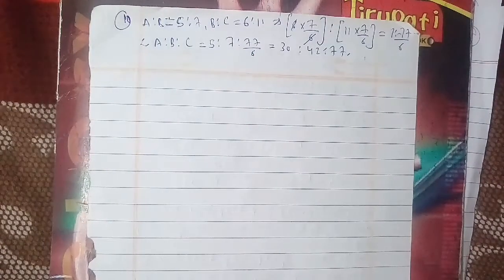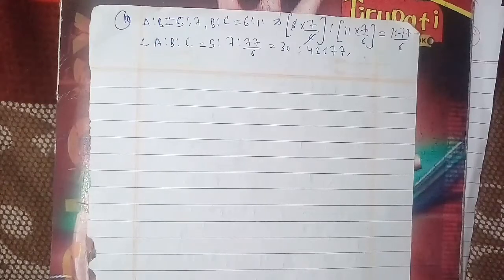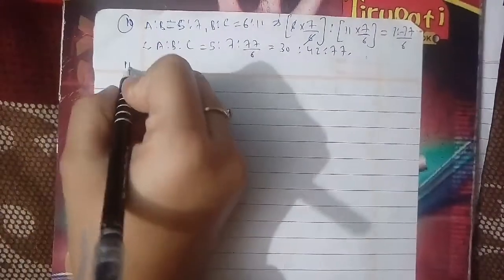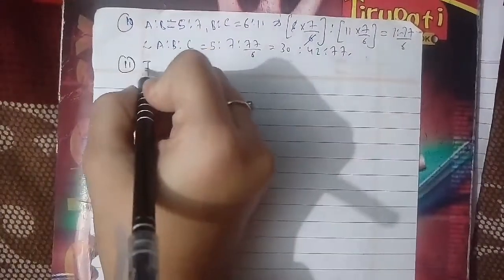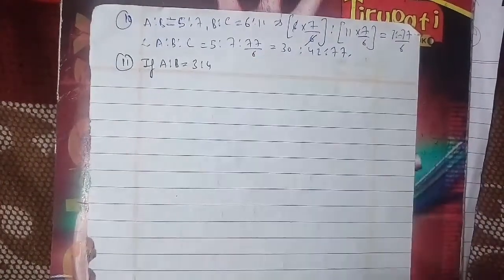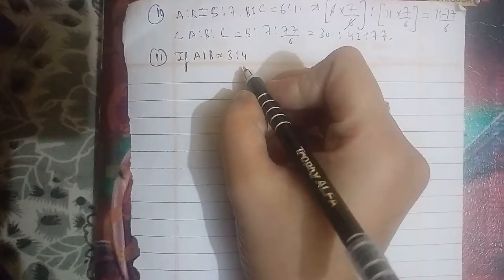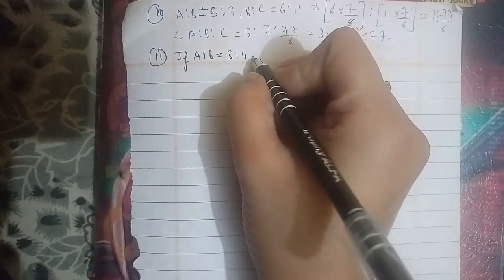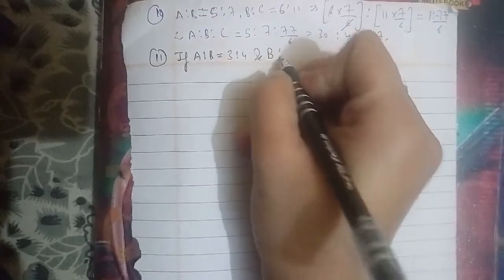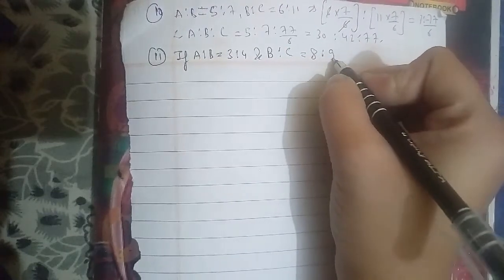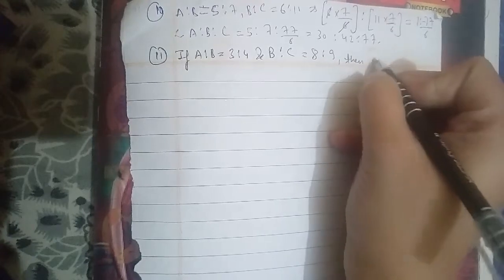Now we talk about the 11th question, which is an important one. Let's find it out. The 11th question is, if A ratio B equals 3 ratio 4 and B ratio C is equal to 8 ratio 9, then what is A ratio C?